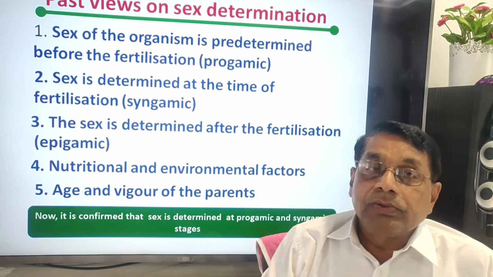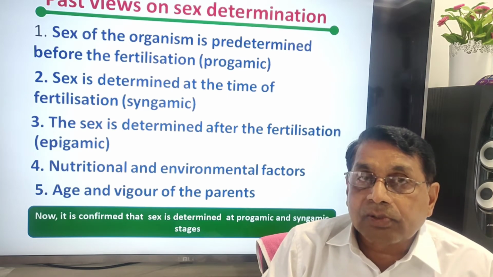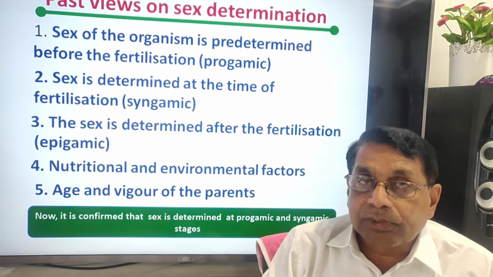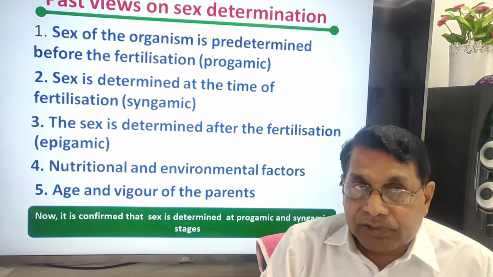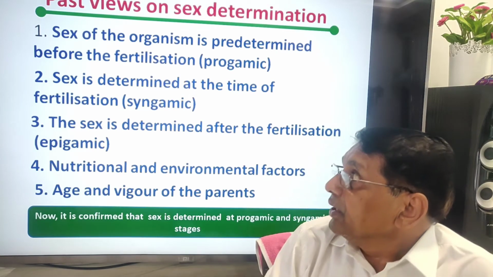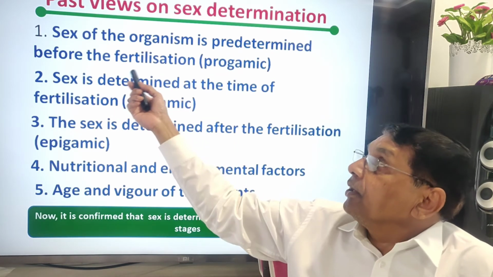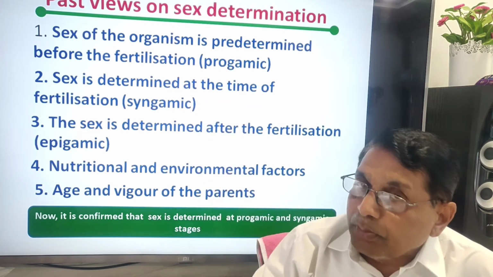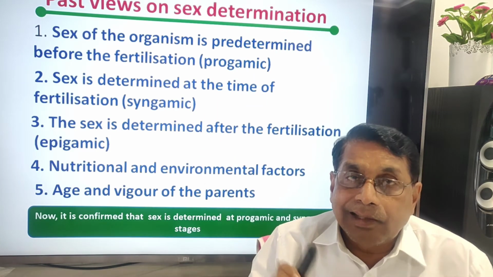Even before the scientific investigations were made about sex determination, and even after that, some views were expressed. They can be broadly divided into 5 types. One view: the sex of the organism is predetermined before fertilization, progamic, that means at the gametic level.